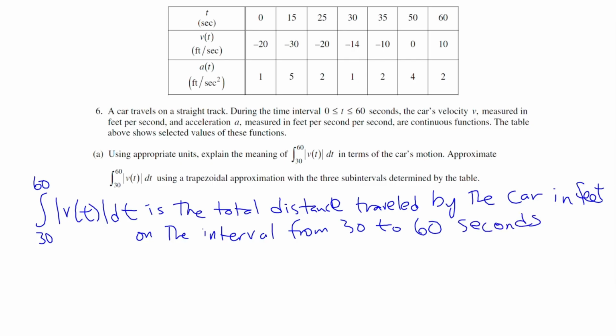Since it says using appropriate units, we want to make sure that we say the total distance in feet, and we want to make sure we say 30 to 60 seconds. So we get 1 point for that explanation. And then we get another point for actually doing a trapezoidal sum to approximate that value.